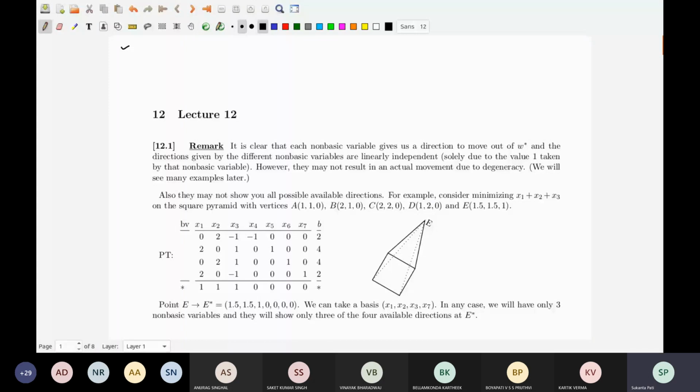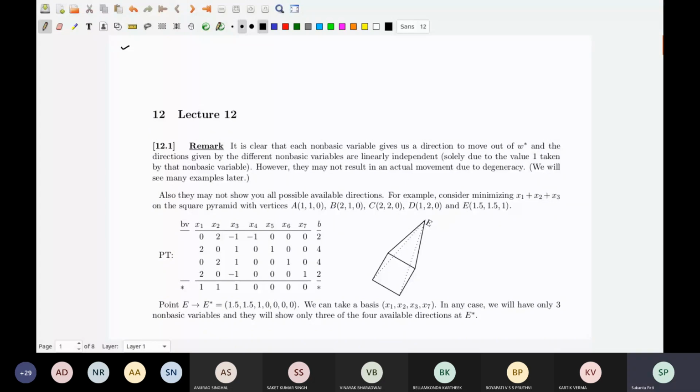To do that, at the current BFS we formed the simplex table. Now in the simplex table, we observed that each of the non-basic variables gives us a direction to move out of the current BFS.